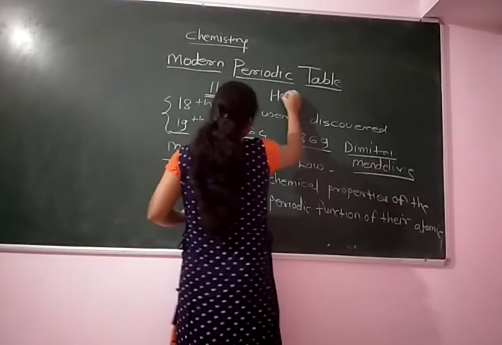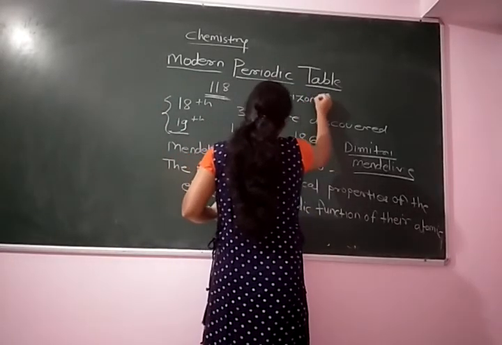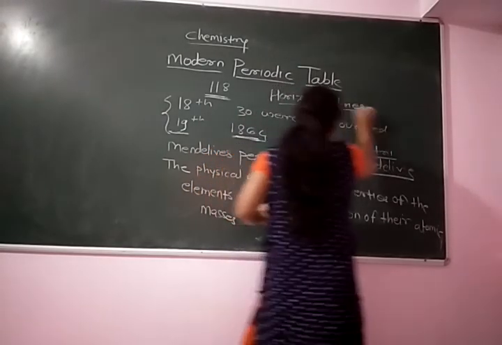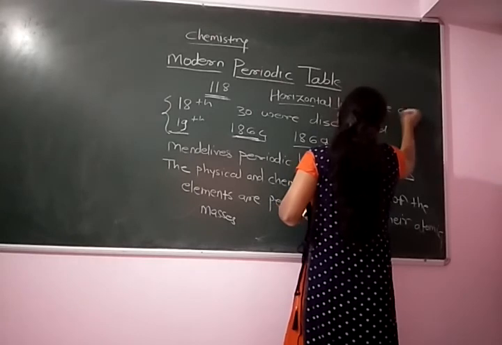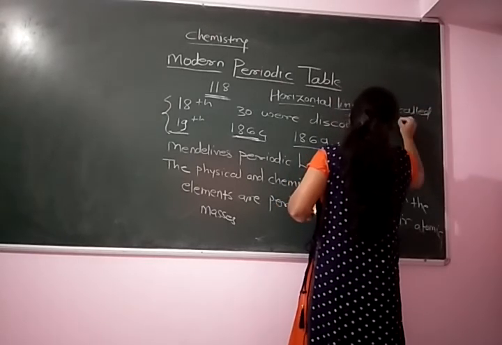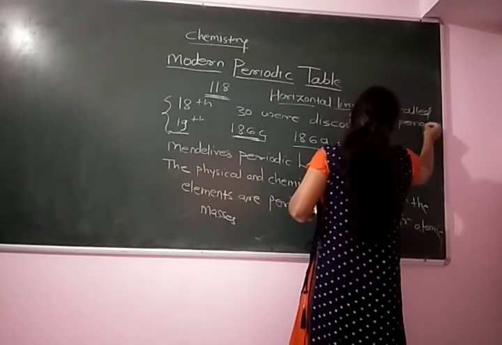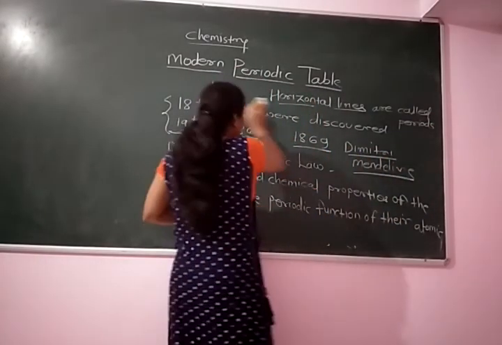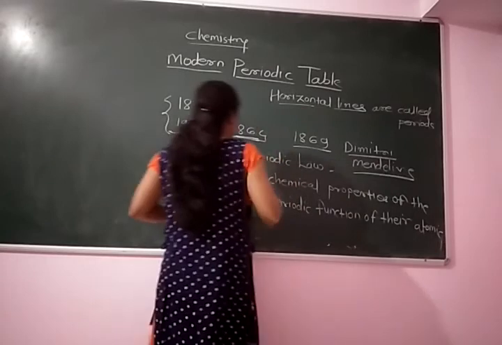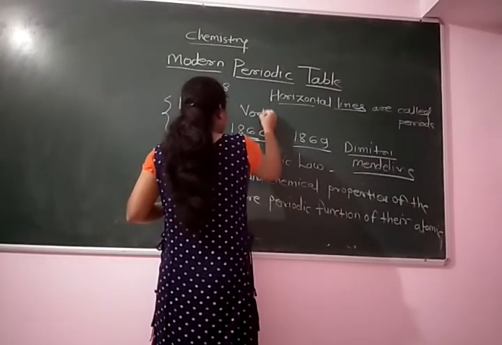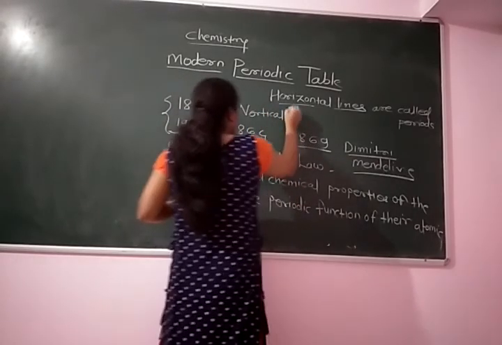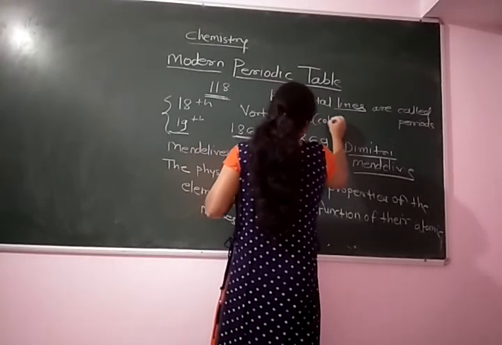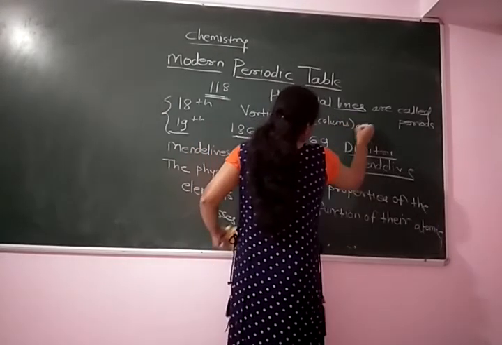Horizontal lines are called periods, and vertical columns, or vertical lines, are called groups.